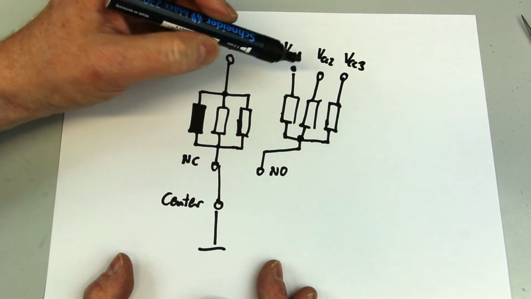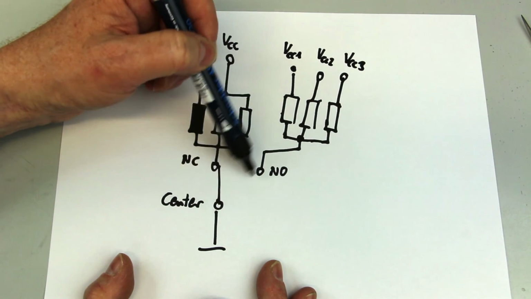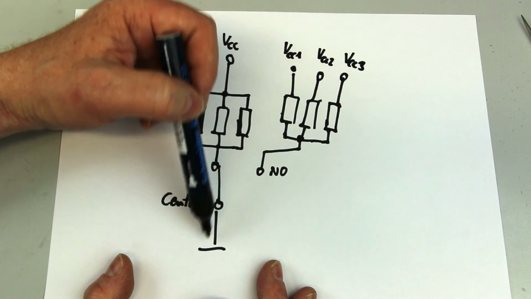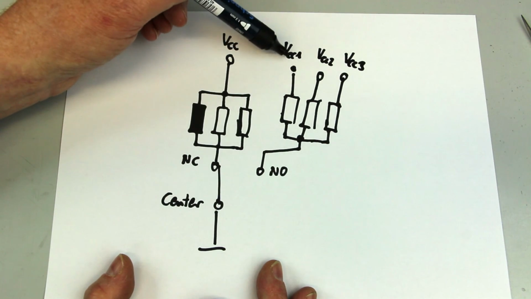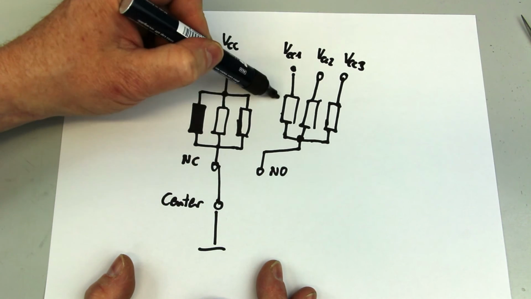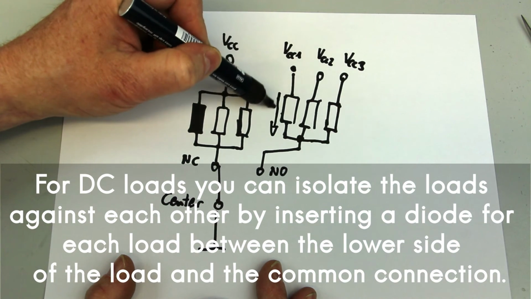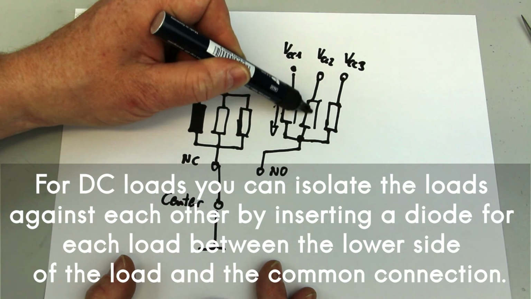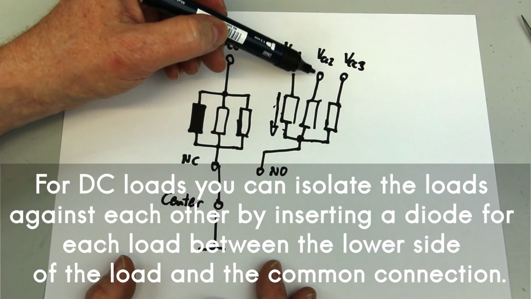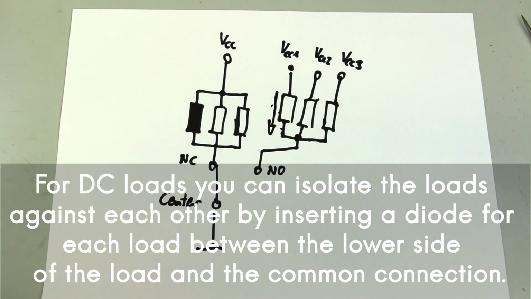There are two things to remember. They will switch to a common ground or a common lower supply voltage, and even in the off state there can be current flowing this way, and you have to be sure what you do if this is possible with your application.